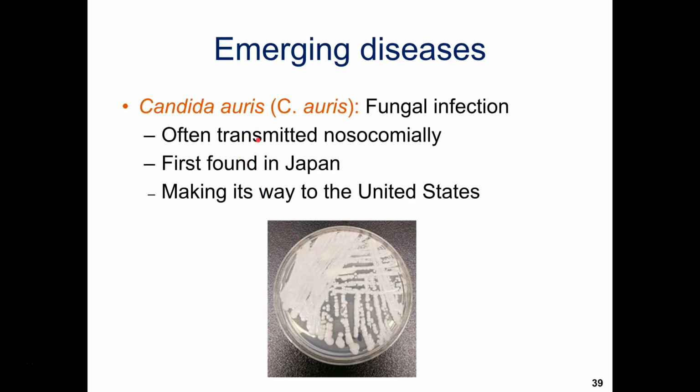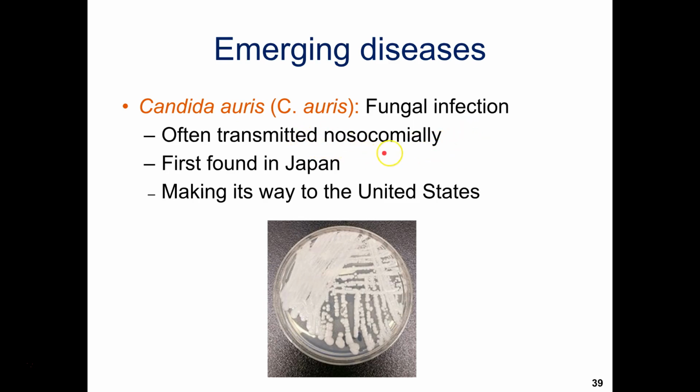So Candida auris is one of my favorite emerging diseases right now. It was first found in Japan, and it's making its way to the United States. I think the statistics I'd seen said that there were like 100 cases or something like that. And it's often transmitted nosocomially. This is a term I want you to know.